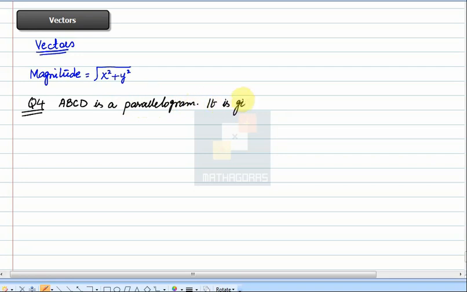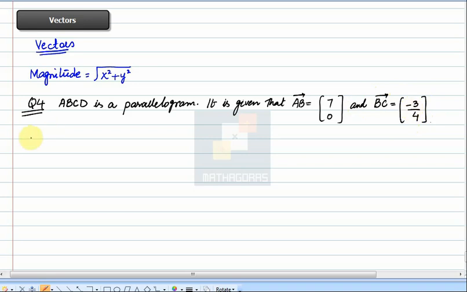It is given that vector AB is 7 and 0. Now it means 7 on the x-axis and 0 on the y-axis. And the vector BC is -3 and 4.